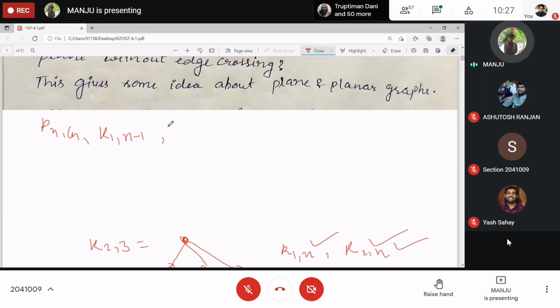What else? K2n, or in general Kn1n, is planar. What about the Petersen graph and complete graphs? Ma'am, complete graph up to K4 is planar. Yes, so for n less than or equal to 4 it is planar.